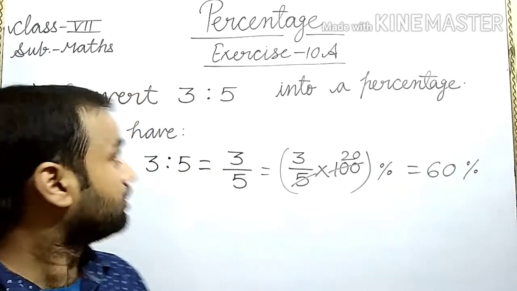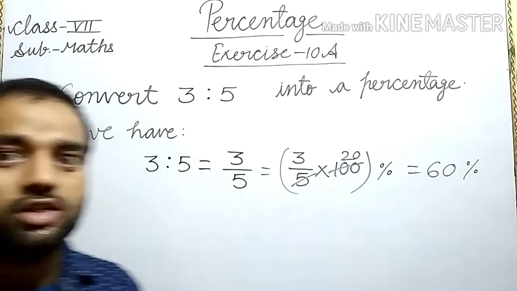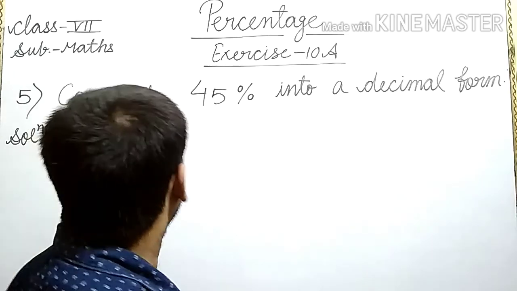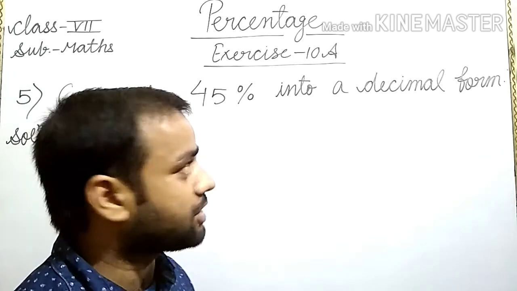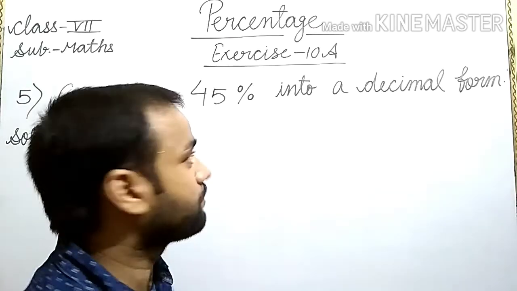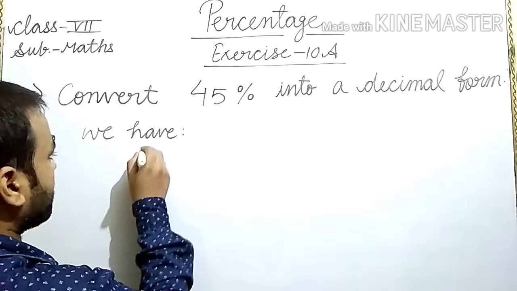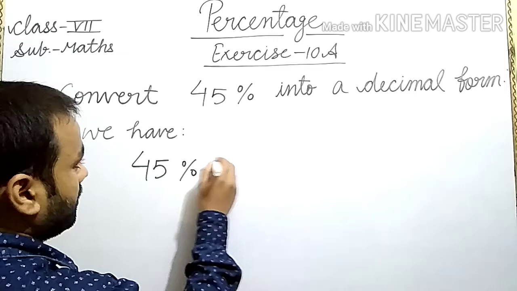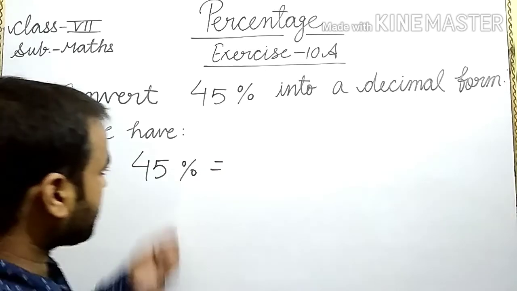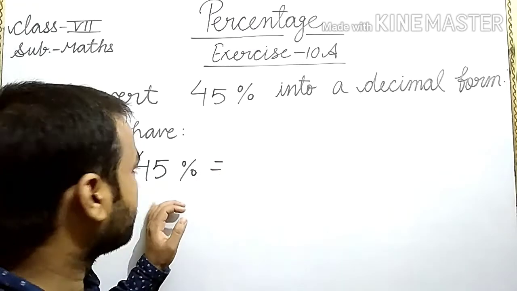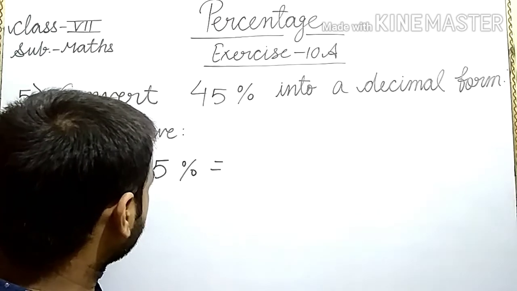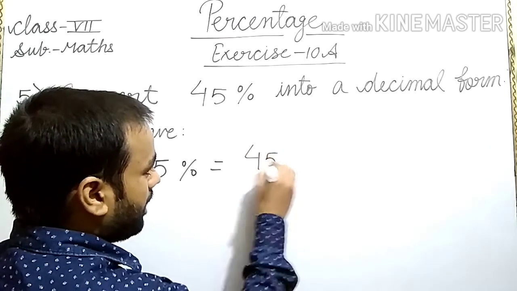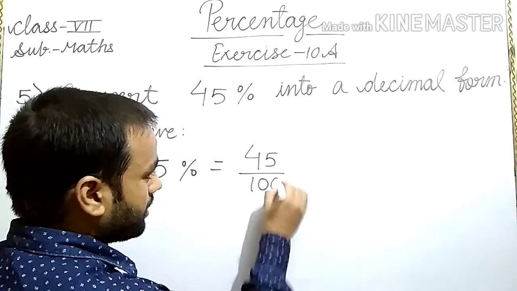Is it clear? Now let us discuss question number 5. In question number 5, convert 45% into decimal form. First rewrite 45%. This percentage is converted into a fraction. In this number we divide by 100 and remove the sign of percentage.